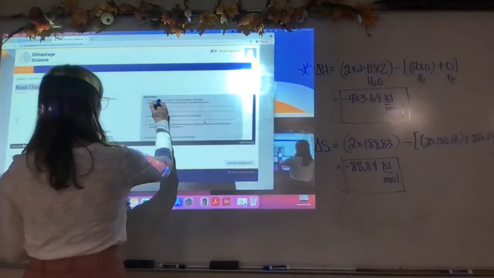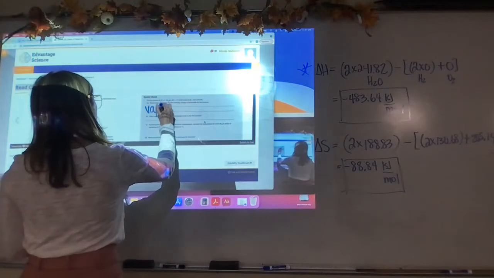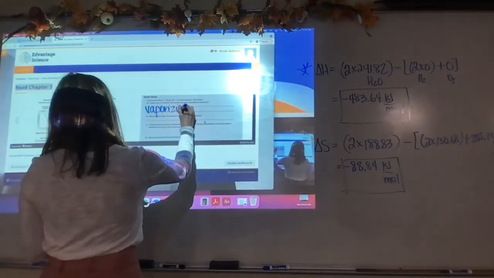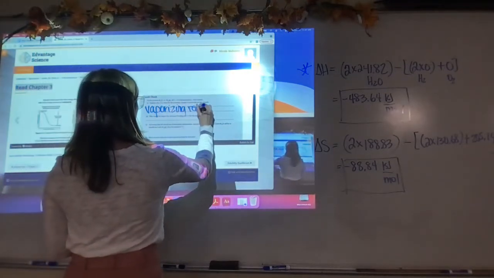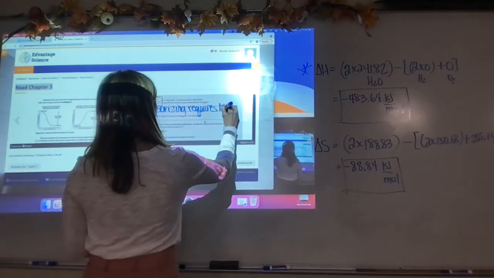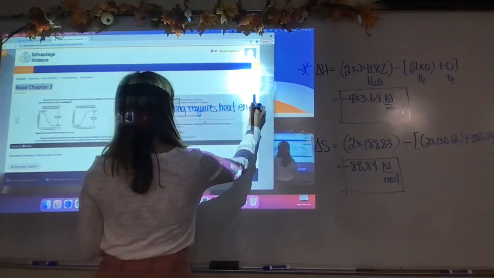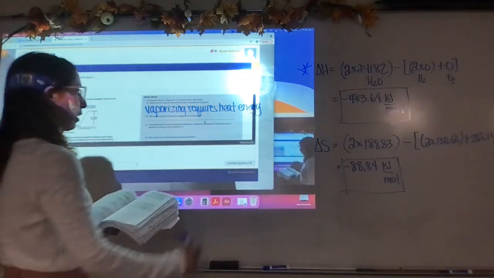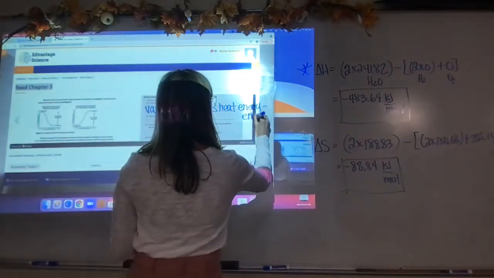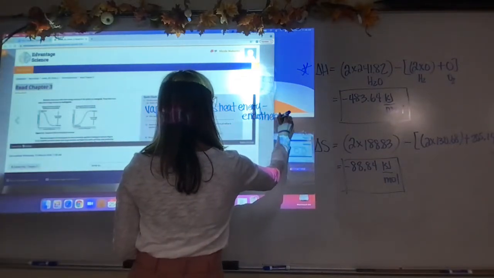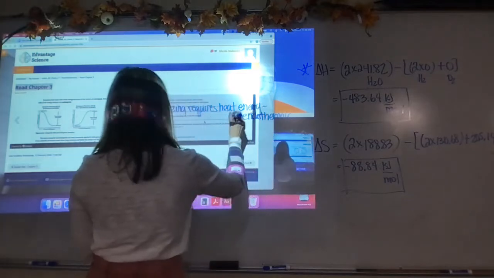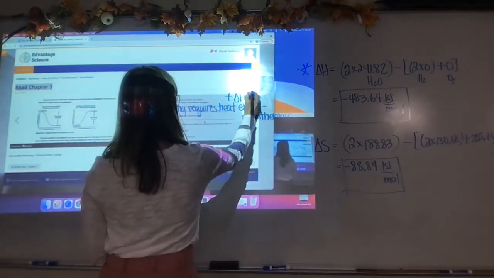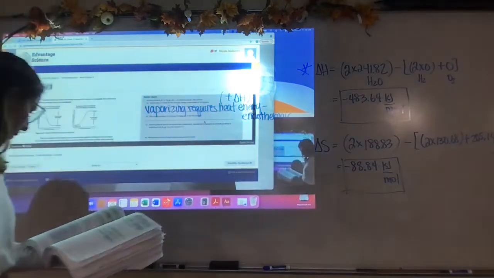Well, vaporizing requires heat energy. And it's endothermic. So it makes sense that we have a positive delta H here.